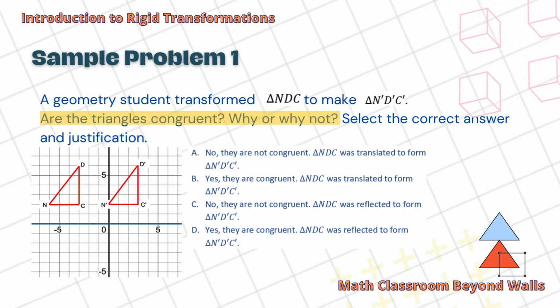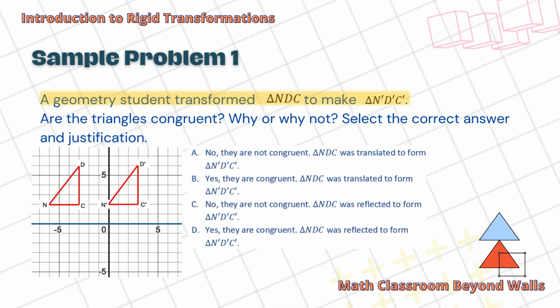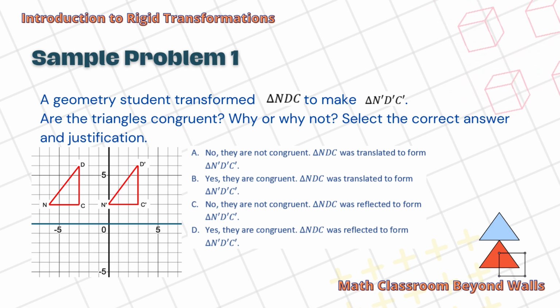We are asked if the triangles are congruent or not, and we are to justify our answer. What is given here? We are informed that the student transformed the figure. Look at our options. They might give you an idea of what you're going to do to successfully answer the problem.